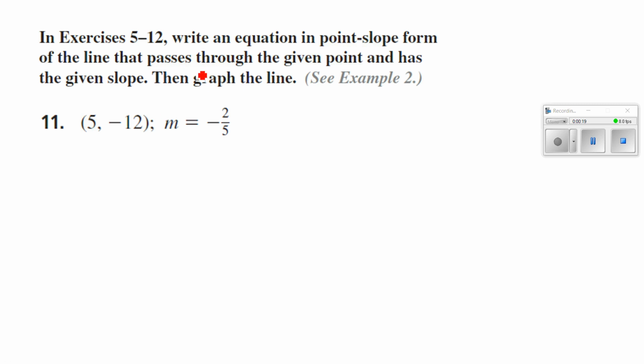If I was going to write one for this one, I just remember that point-slope form is y minus y1 is equal to m times x minus x1. That being said, I'm going to replace my m with my m here, negative 2 over 5.